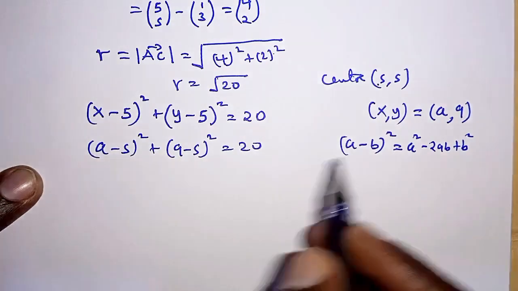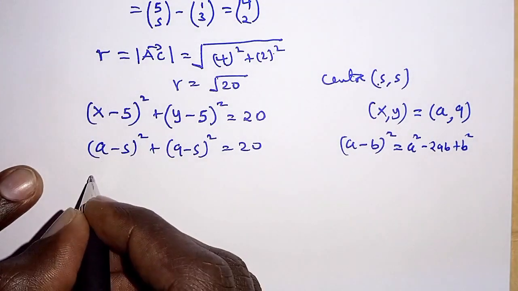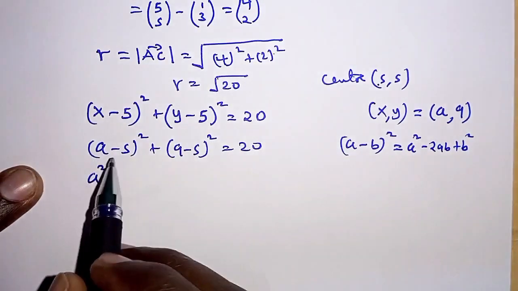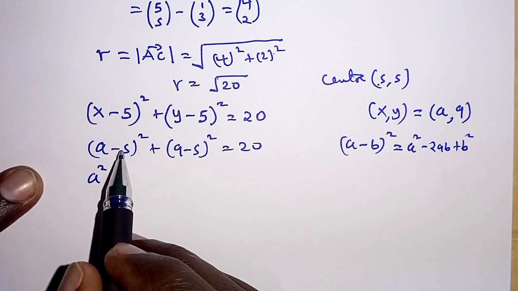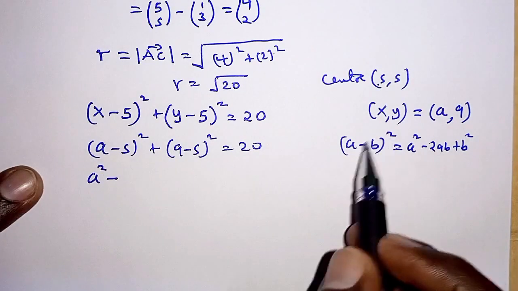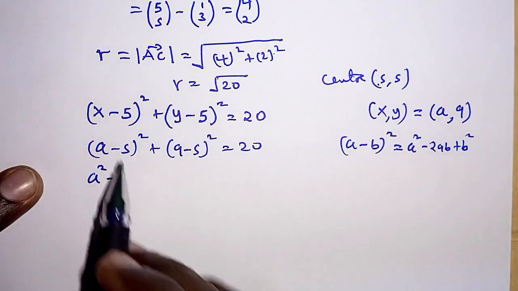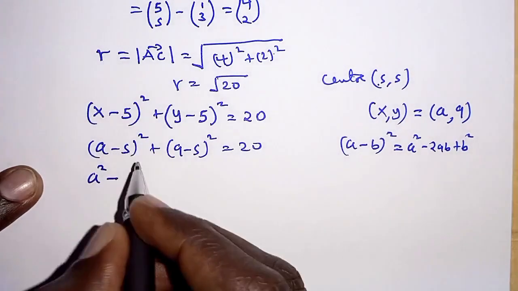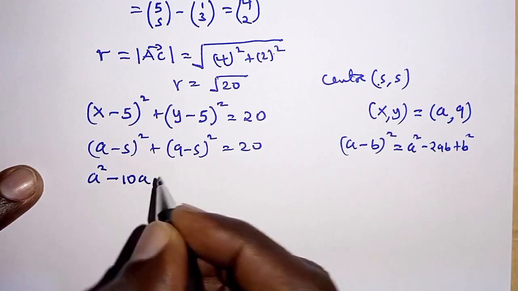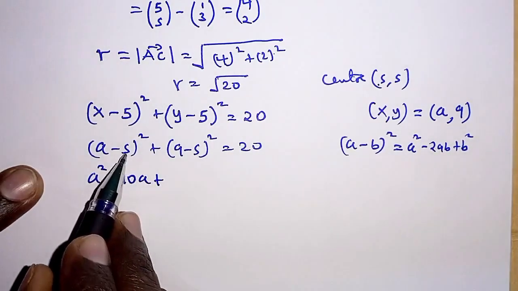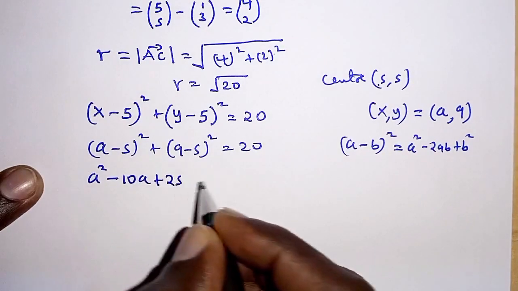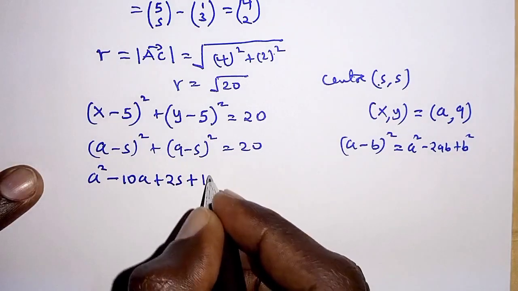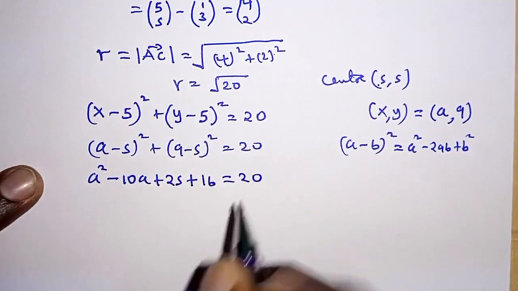So a squared minus 2ab, that is 2 times a times 5, since our b is 5 according to this equation. That is 10a, and then plus b squared, so that is 5 squared, which is 25. And then we add that to 9 minus 5, which is 4, and 4 squared is 16. The right hand side we have 20.